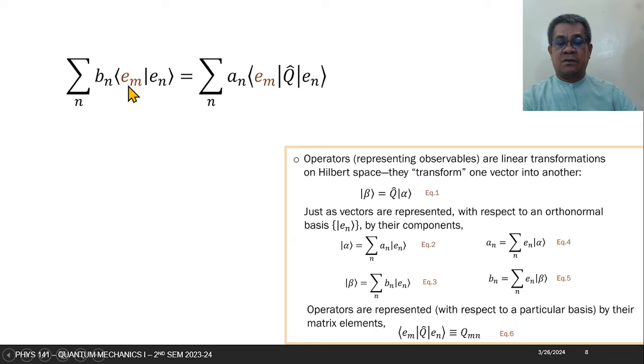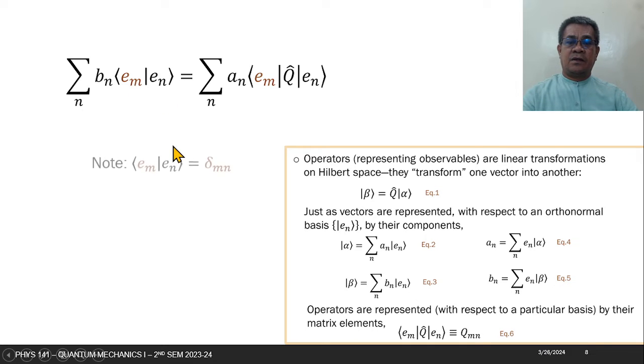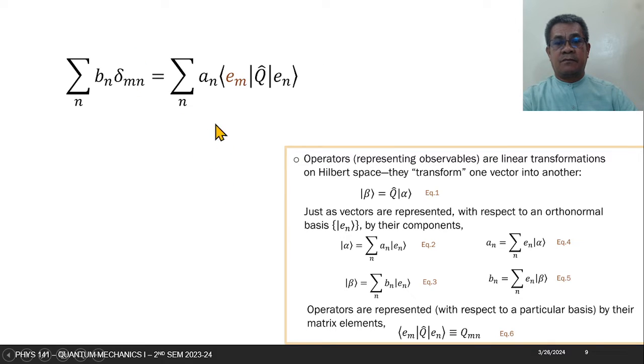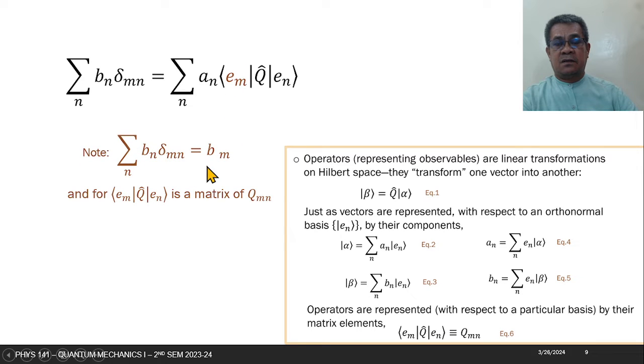While this inner product of e_m and e_n is just the Kronecker delta mn, we can replace this with it. Take note that the summation of b_n with the Kronecker delta mn is just equal to b_m, because this will strike at m.